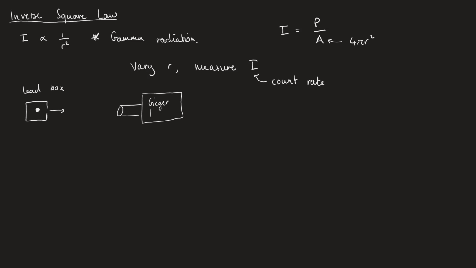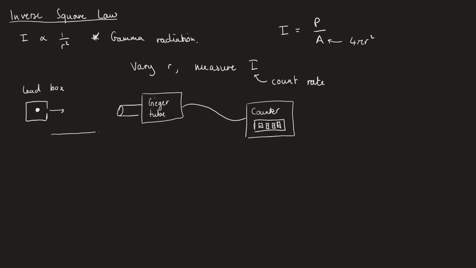So this is a Geiger tube. Now the Geiger tube will be connected to a device that will keep count. So this is going to be the counter, and this will have a display that will produce some count of how many bits of radiation it detects as long as this keeps running for.